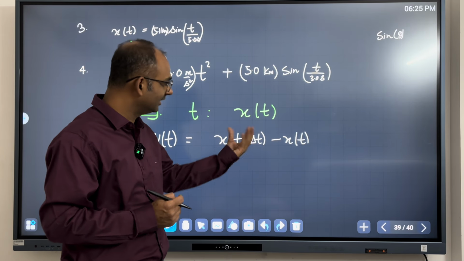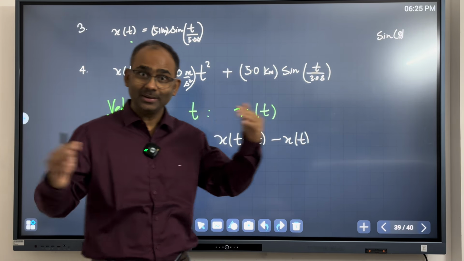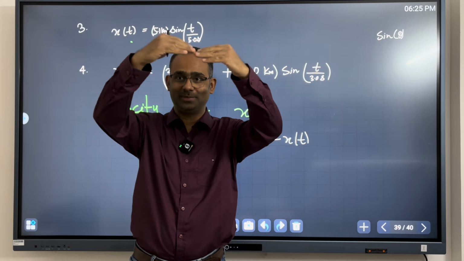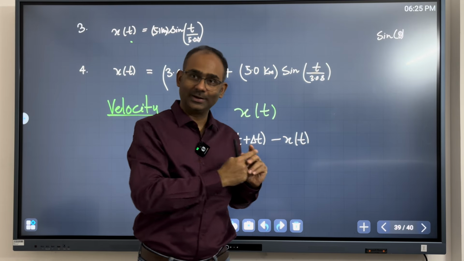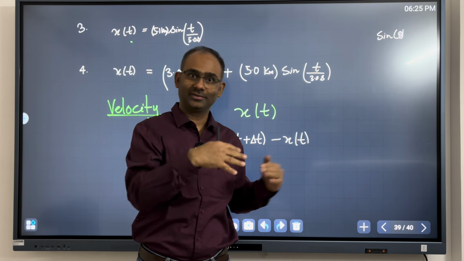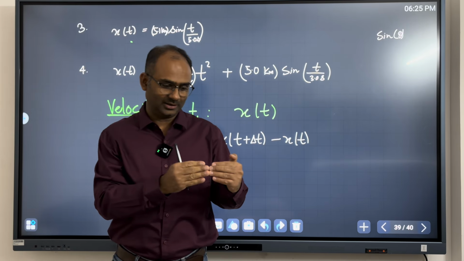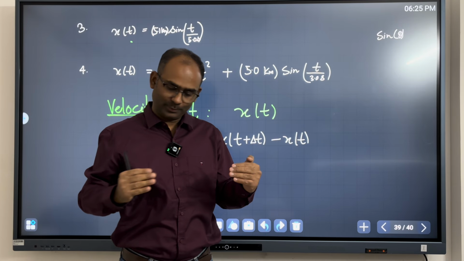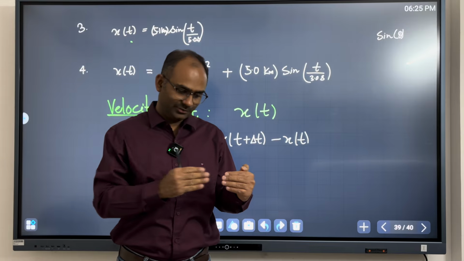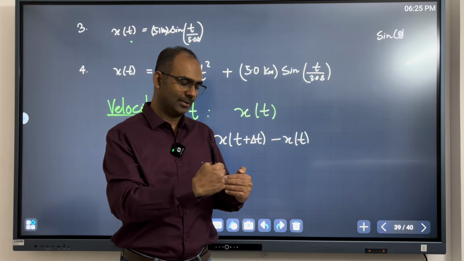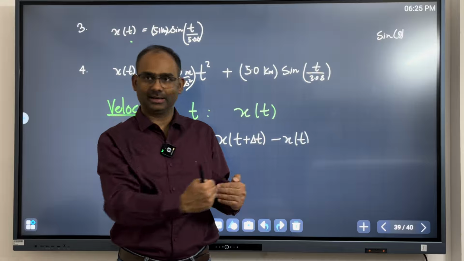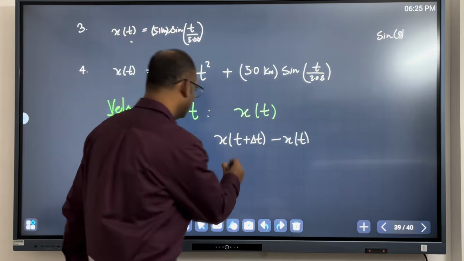In that case delta t would become negative. Remember, the slopes from both the sides should match. So my result should not depend on whether I am approaching this time from earlier times, or from later times. Divided by delta t.